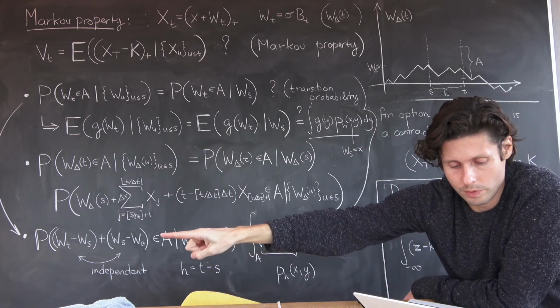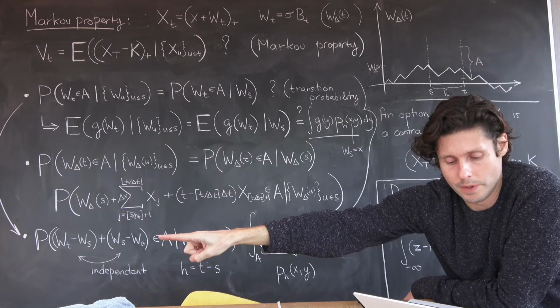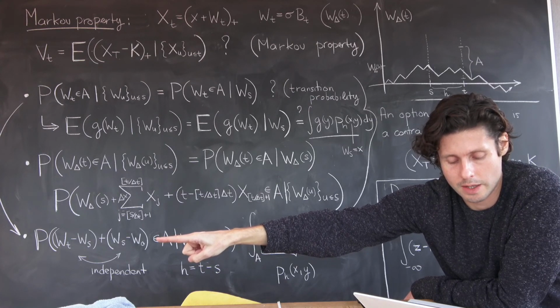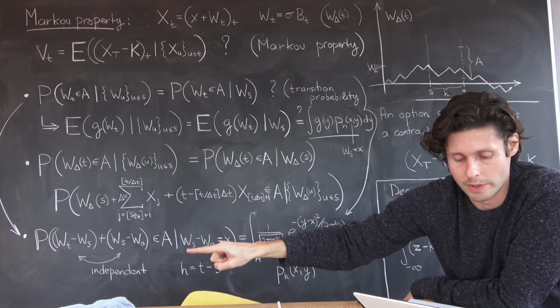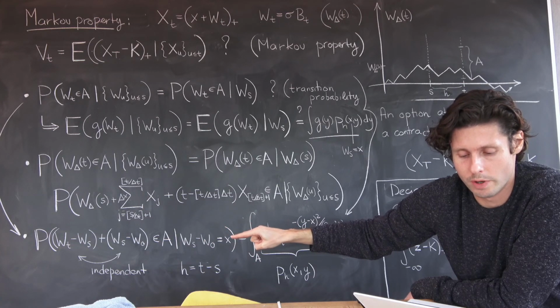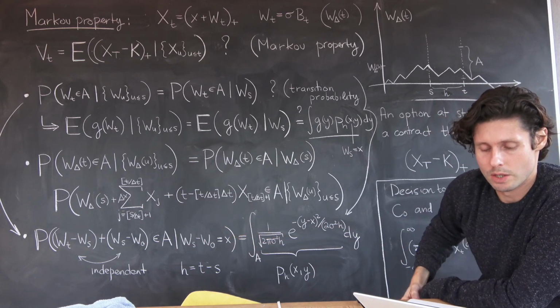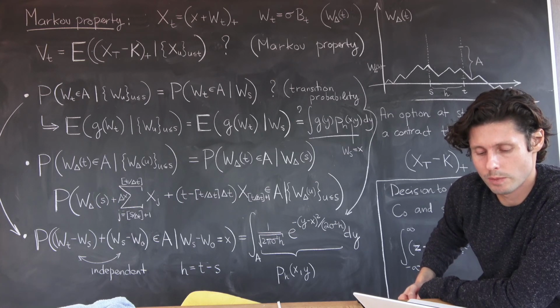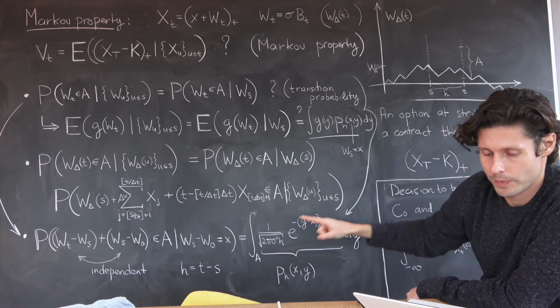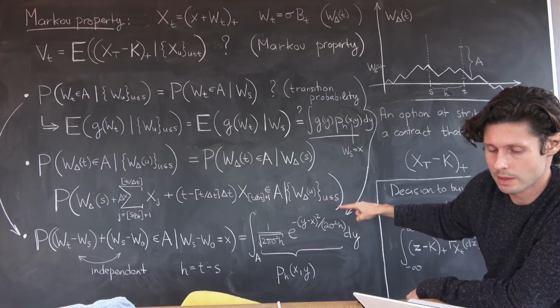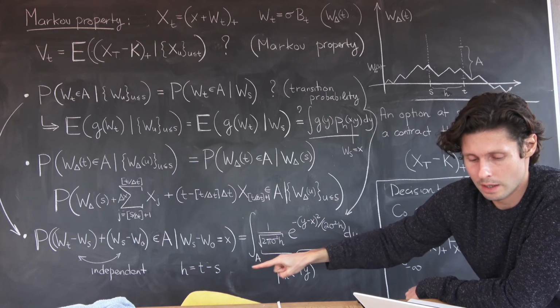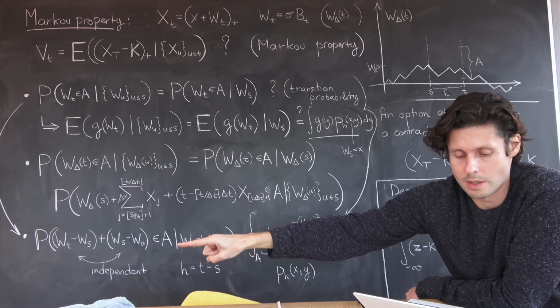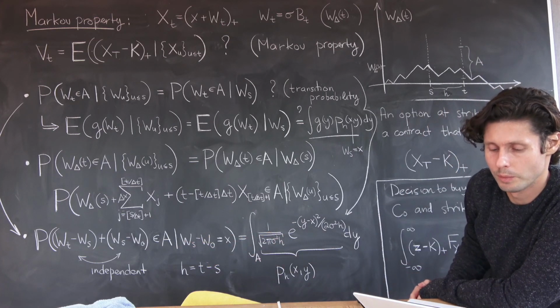And so the distribution of this entire random variable, given that I know that the second part is equal to x, is just normal with mean x and variance sigma squared h. And that's exactly what this density represents. And I'm integrating over the set A, because that's the probability that I'm actually computing.